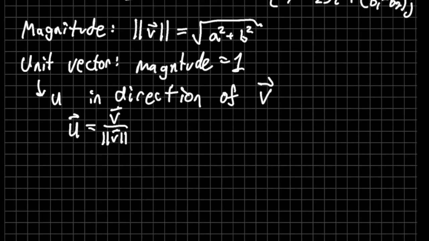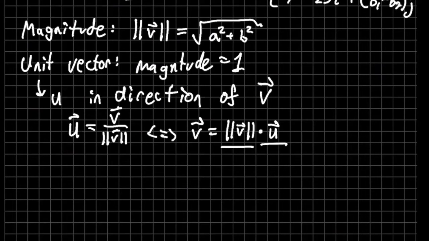So the unit vector is equal to v divided by its magnitude. This equation also tells us that v can be written as the product of the magnitude of v times that unit vector, that direction. So this is the magnitude, here's the direction. So the unit vector can represent a direction of a vector.